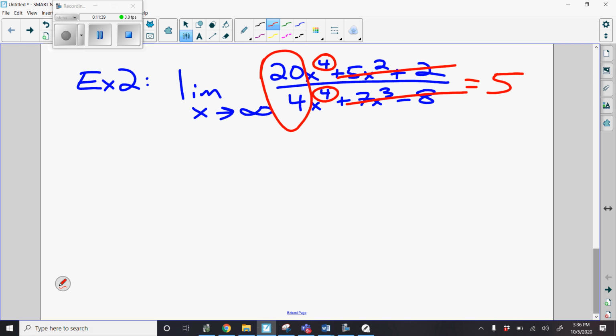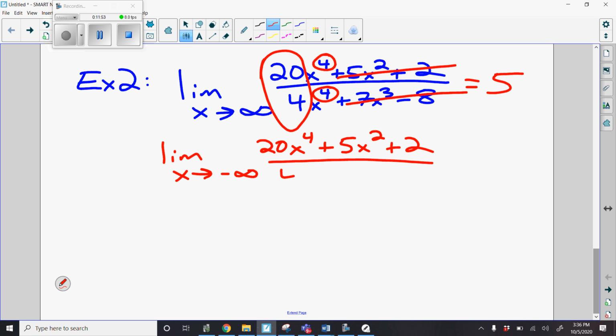So let's think about this same problem as the limit as x goes to negative infinity of the same function. So we've got 20x to the 4th. Again, think about a really big negative number being raised to the 4th power.